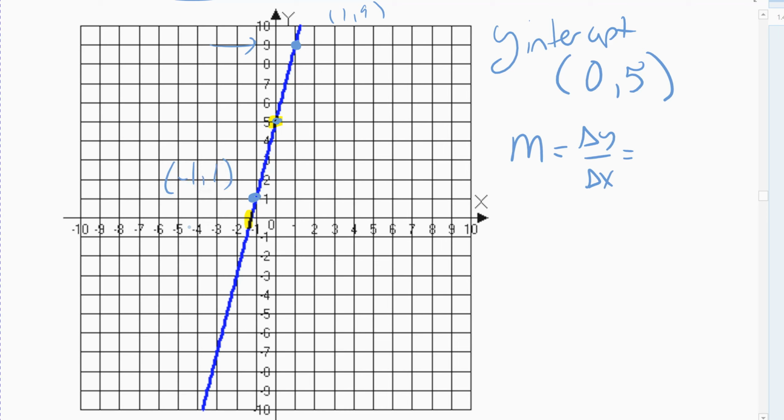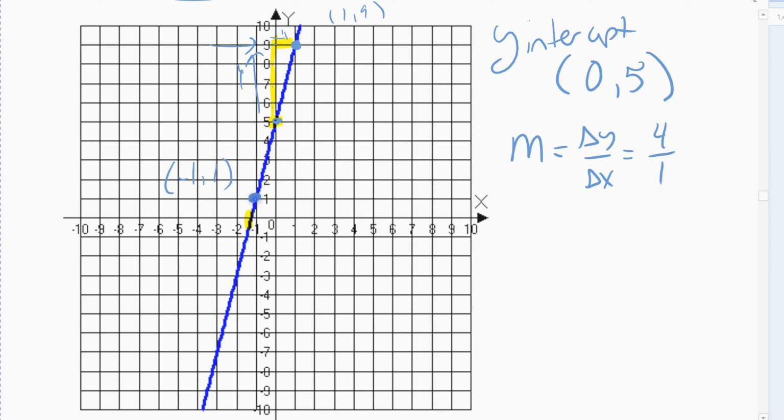Negative 1, positive 1. Alright, so my change in y, well, I'm going to go up here to 9, and then my change in x would go over 1. And so I'm going up 2, 3, 4, so I'm going up by 4, over by 1. So my change in y is a positive 4, my change in x is 1. And I'm going to check just to see if the other point works the same way.